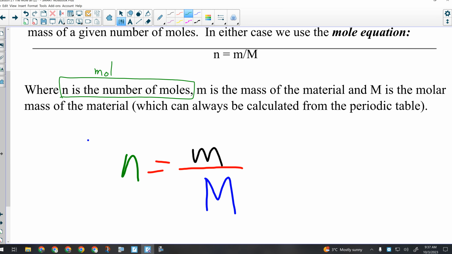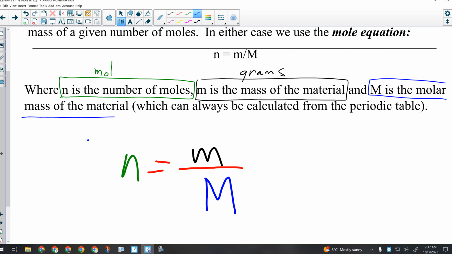Little m is the mass of the material. That's going to be in grams. And big M is the molar mass. And obviously that is in grams per mole. That's the stuff we just learned how to do a few minutes ago.